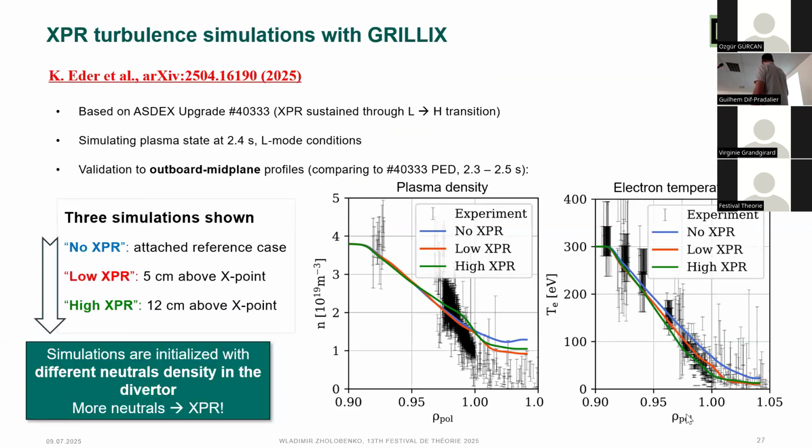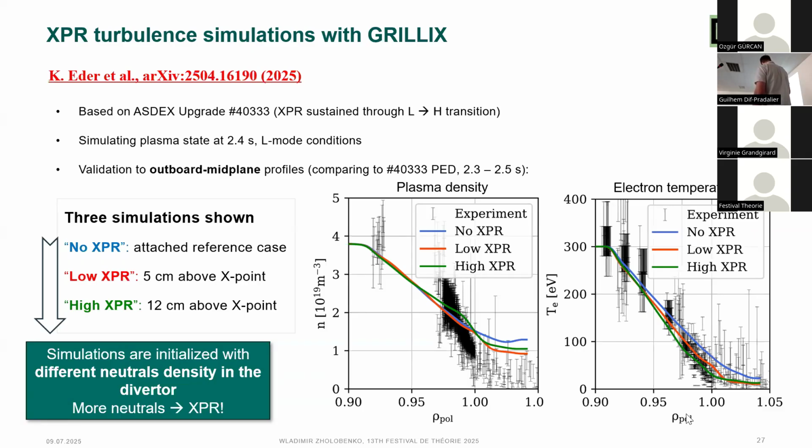And finally, the simulations. The details are published in this paper. Well, not published yet. They are on arXiv and being reviewed right now. We have 3 simulations: no X-point radiator, low X-point radiator, and high X-point radiator case, which have a fair distance of the radiation front from the X-point. You see here a comparison of the simulations with the experimental data. The experimental data are very scattered, so these are raw data.